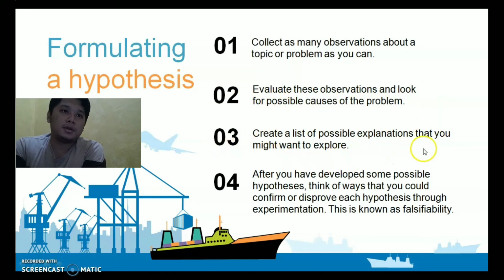The third, create a list of possible explanations that you might want to explore. And the last, after you have developed some possible hypotheses, now you should think up ways that you could confirm or disprove each hypothesis through experimentation. This is known as falsifiability.